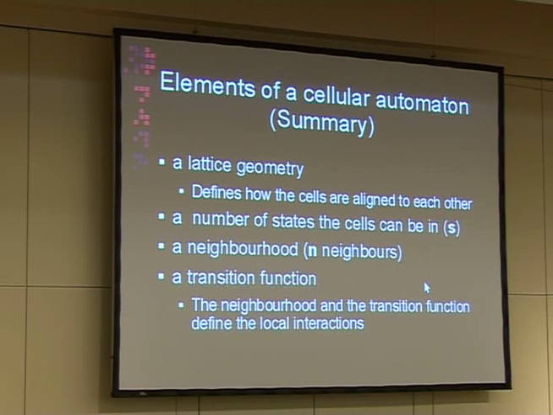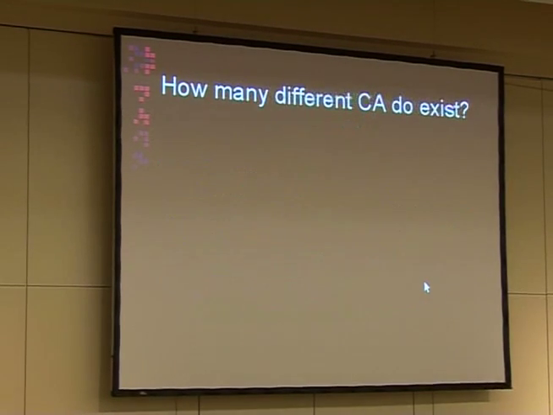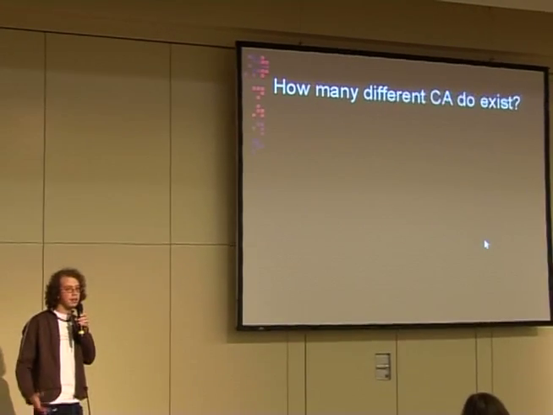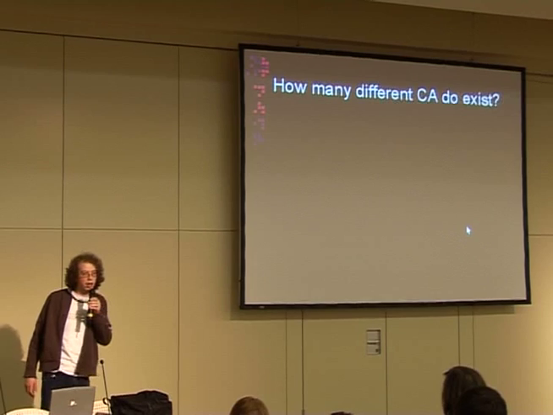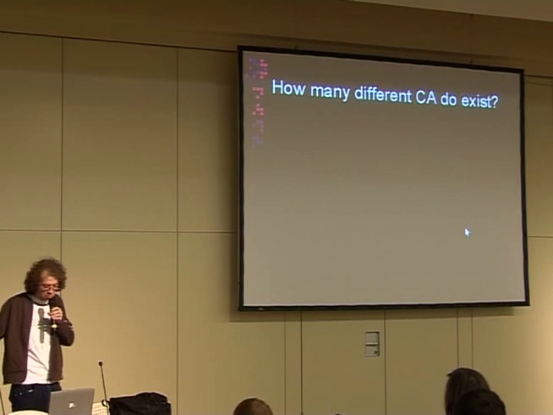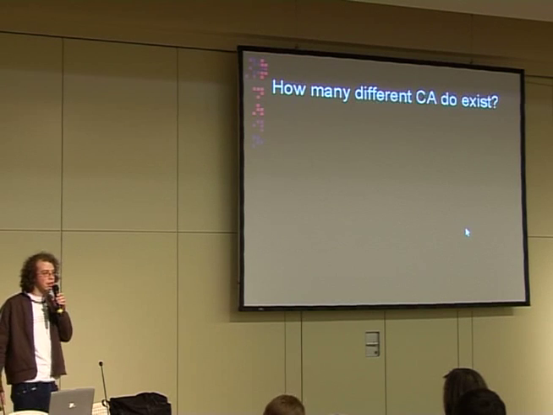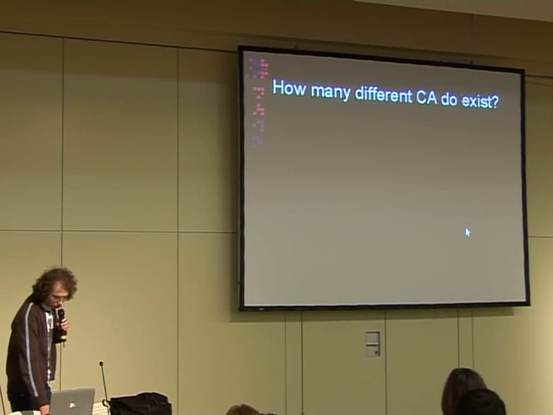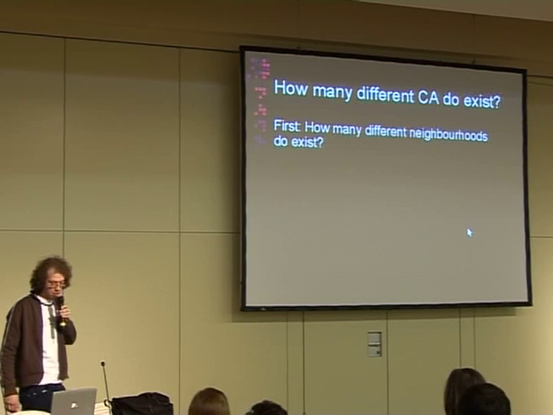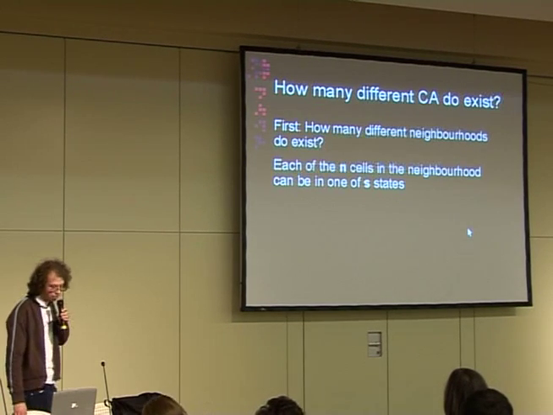And now we can ask ourselves the question, how many different cellular automata exist that are like this? We can just split the problem in 2 parts. First, let's ask how many different neighborhoods exist.